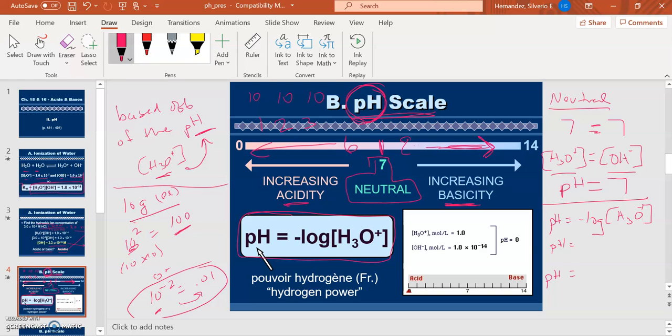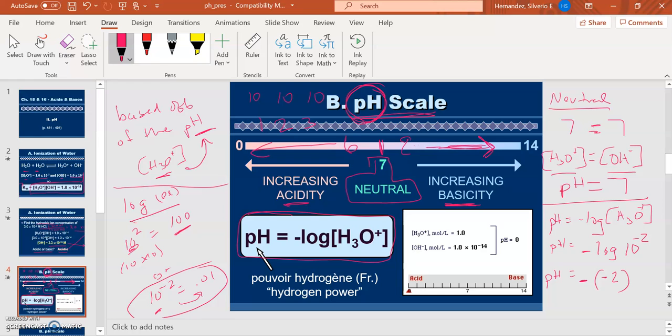So let's say, for example, I use the concentration of 10 to the -2 hydronium ions. Bringing down the log and that negative, I would first go to the calculator and put log of 1 times 10 to the -2, and I'm going to get a -2.